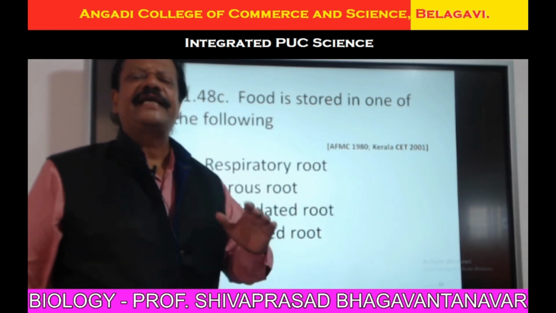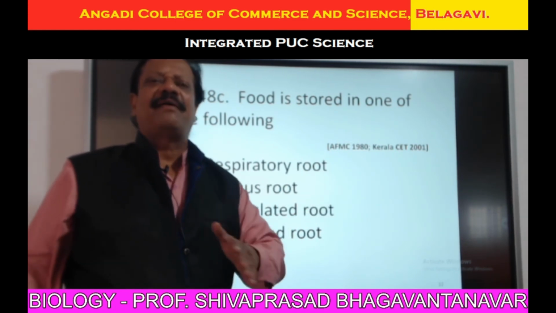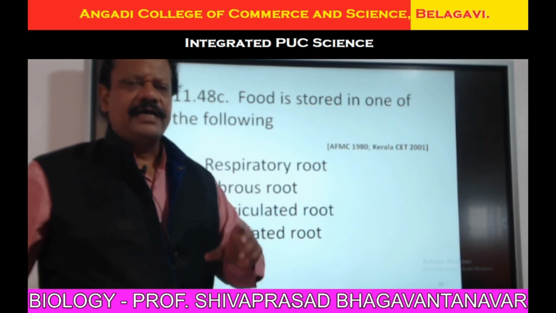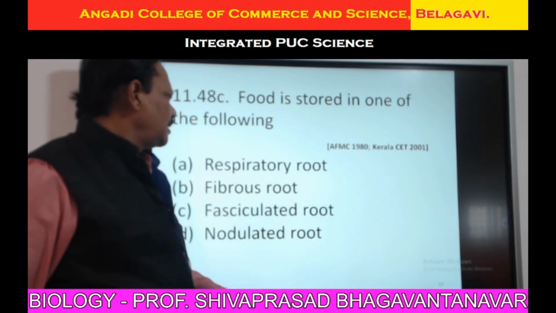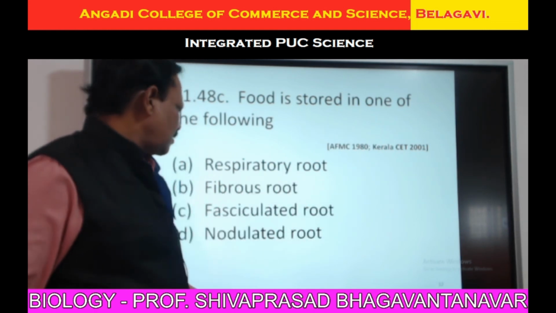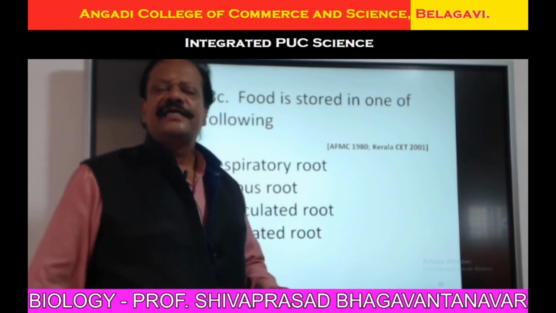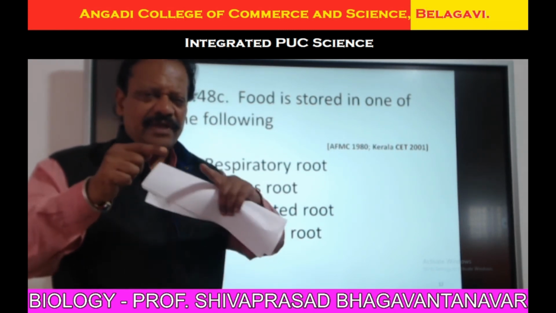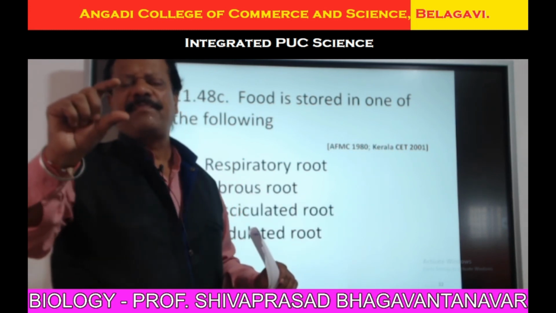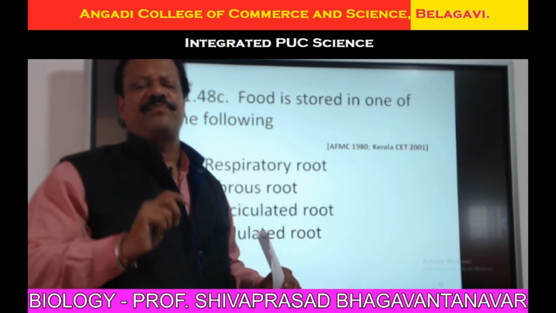Fibrous roots, in case of monocot plants or the family Gramineae if we are taking, okay, the roots are fibrous and forming hair-like structure. So the fibrous root you people are calling. Fasciculated root, here also asparagus you can take. Here the stem ending is forming the roots. The tips are bulged and they are storing food material.